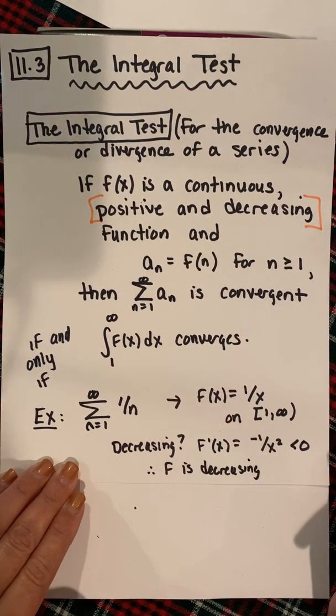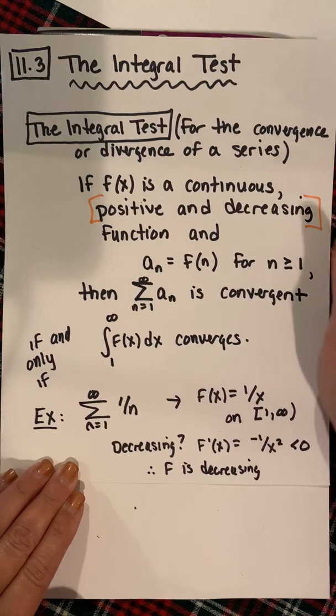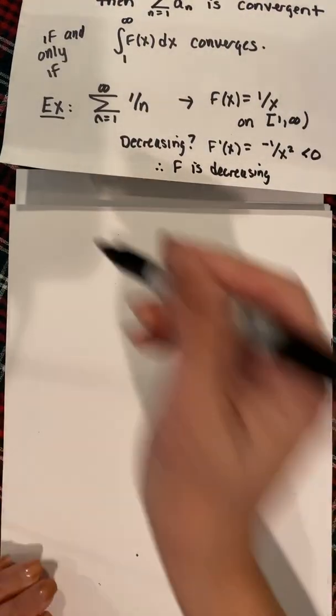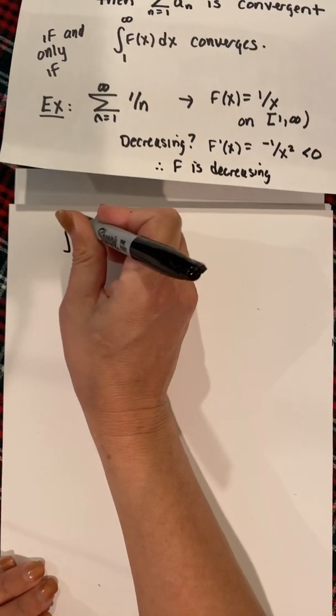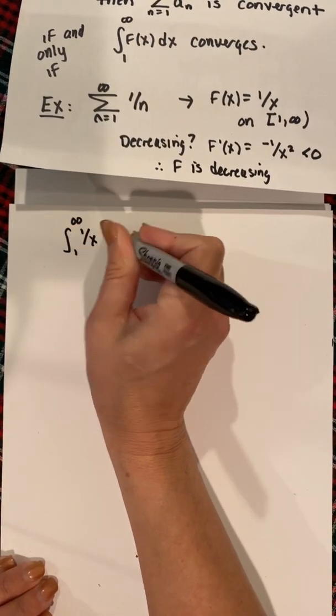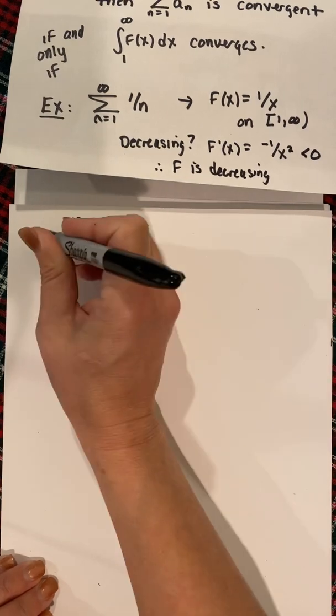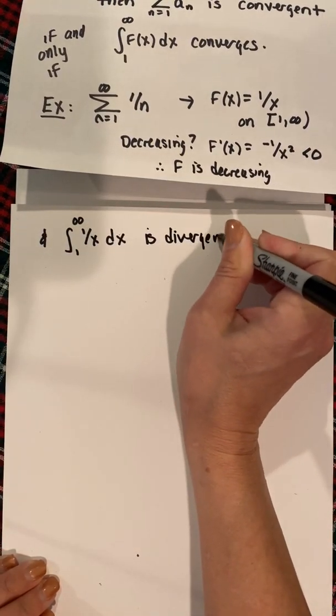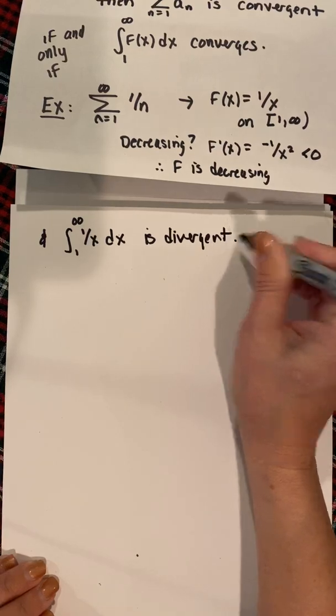So the hypotheses are satisfied, and we also know that if we integrate from 1 to infinity, 1 over x dx is divergent. We've done this numerous times.